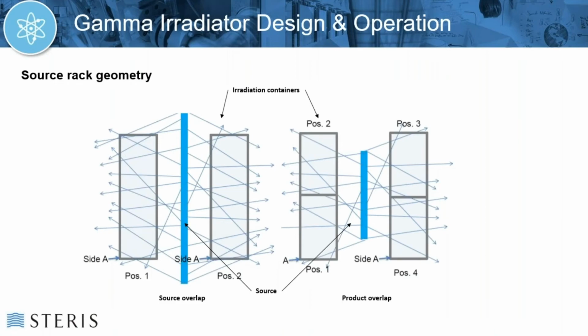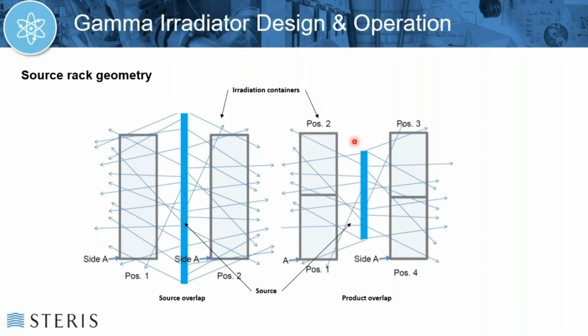There are 2 types of irradiation geometry: product overlap and source overlap. For a source overlap irradiator, the height of the source rack is more than that of the product containers. So as you can see, it's not as efficient because we are losing cobalt.